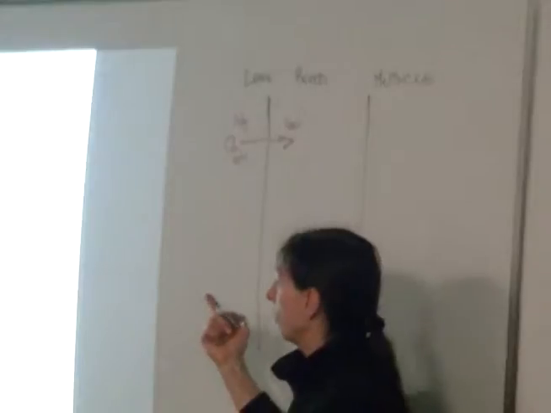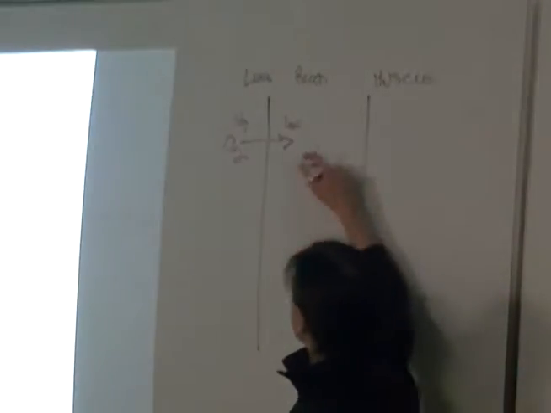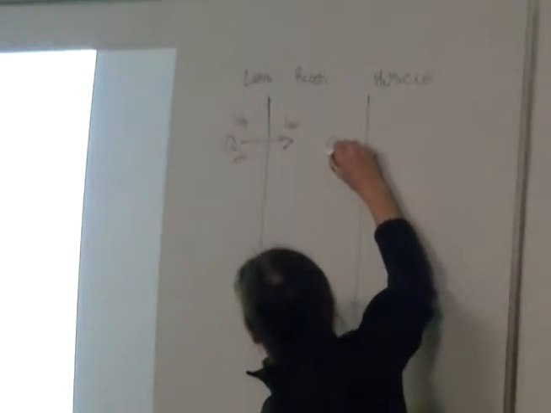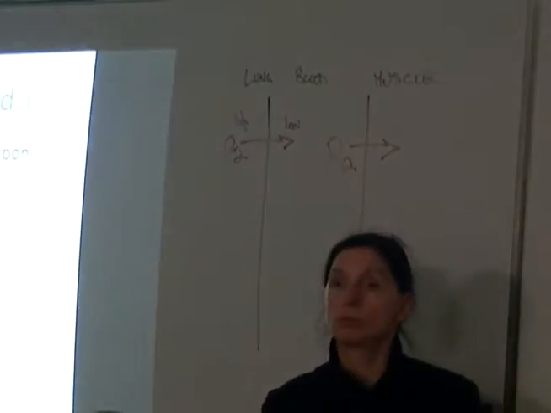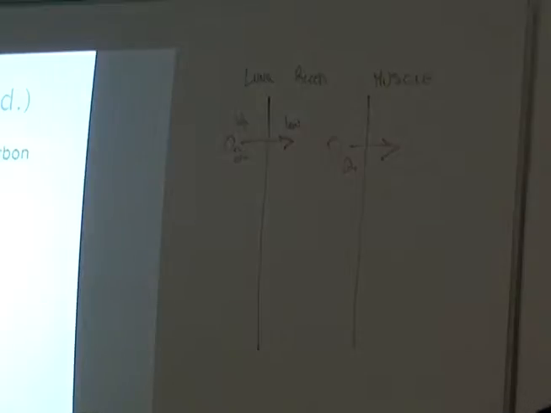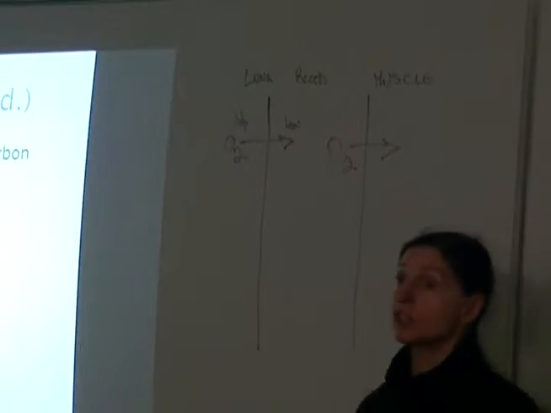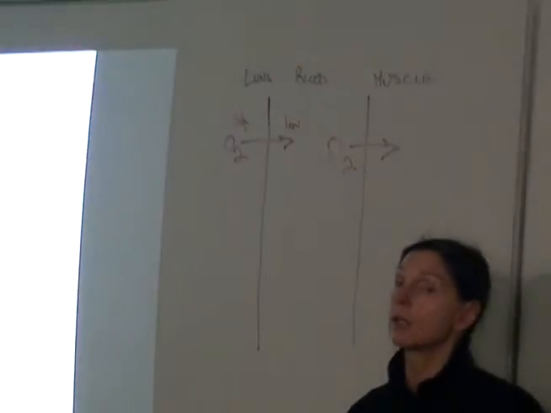Now, if I want to move the oxygen out of the bloodstream into the muscle tissue, which is high and which is low? Which direction does it go in? High to low.